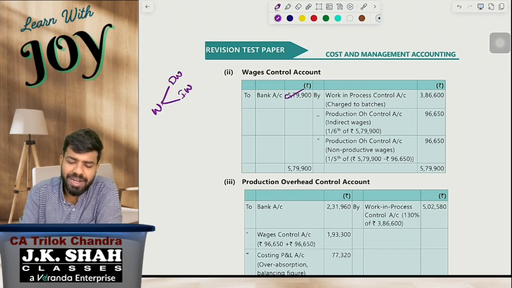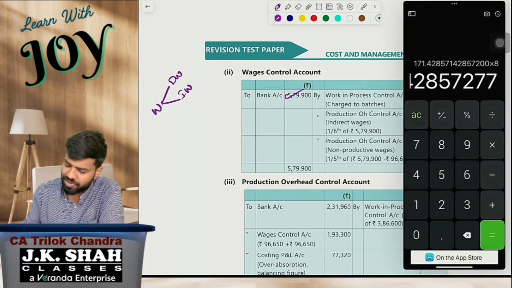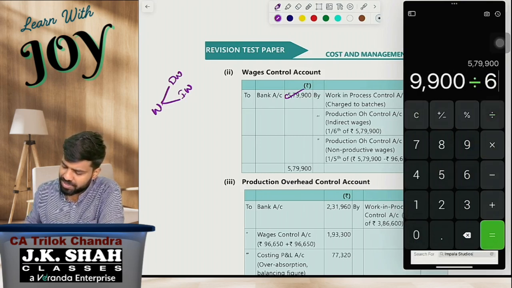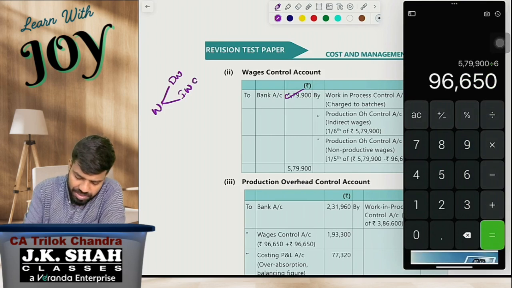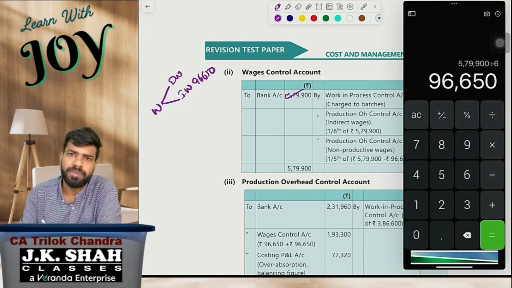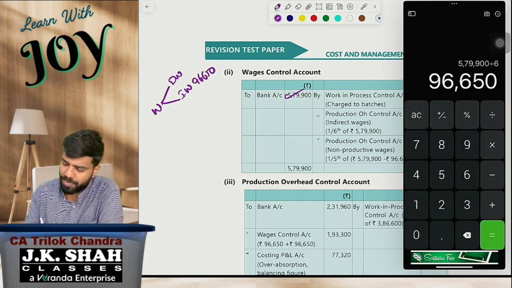In this question, they clearly mentioned indirect wages is 1/6. So 5,79,900 divided by 6, that is 1/6, equals 96,650. 96,650 is indirect. Okay, then how much is direct?